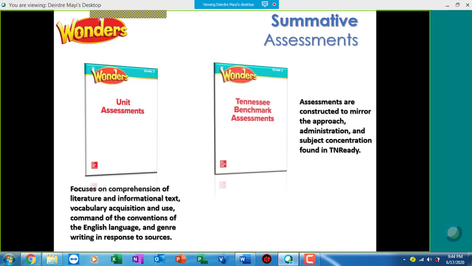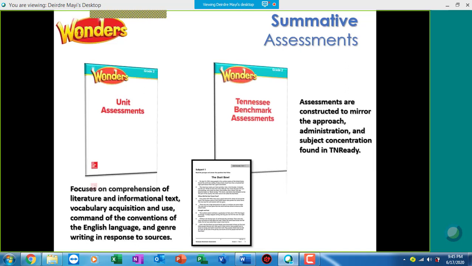You have unit assessment, which will cover comprehension of literature and informational text, vocabulary acquisition and use, conventions, and genre writing in response to resources. And then because we understood how important it was for students to practice the way that they would ultimately play, we have Tennessee benchmark assessments.